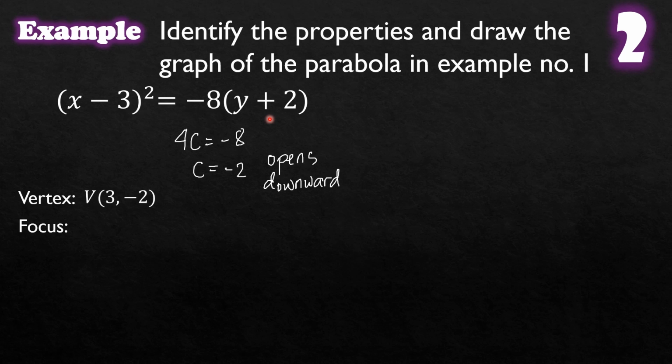The coordinates of the focus will be (h, k plus c), so that will be (3, negative 2 plus c), that will be negative 4. Therefore, the focus will be at (3, negative 4). The axis of symmetry is the line x minus 3 equals 0, or x is equal to 3.